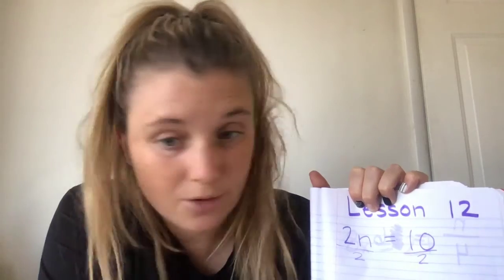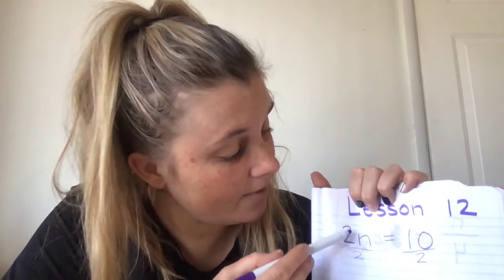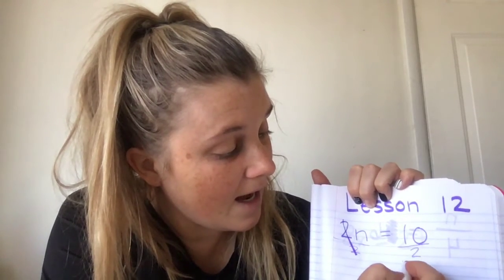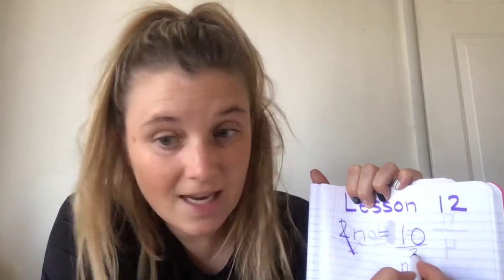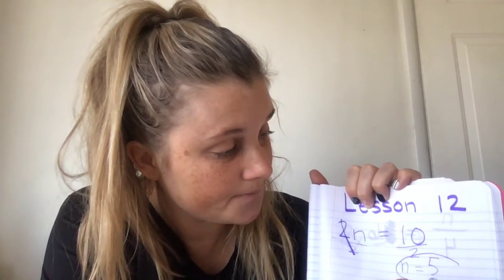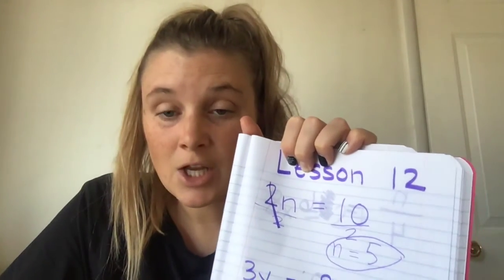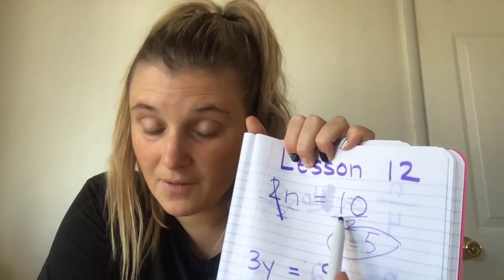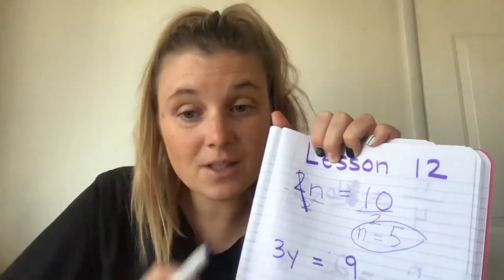If we divide this by 2, then we get n. n equals 10 divided by 2, 5. So we divided this side by 2, and that got rid of the 2, and then we were left with n, right? And then n equals 10 divided by 2, so n equals 5.